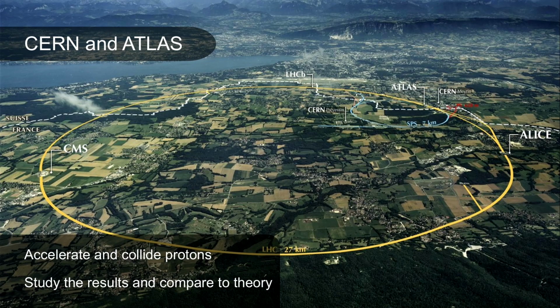The purpose of this accelerator complex is to both accelerate and collide protons, and these collisions are the data that we're interested in today. In particular, within the research of the field, we are trying to compare what we see in data to what we expect from theory. And this comparison is what gives us the results that are important to us.